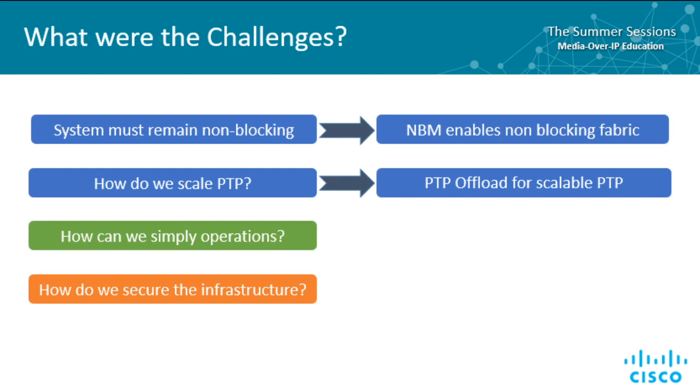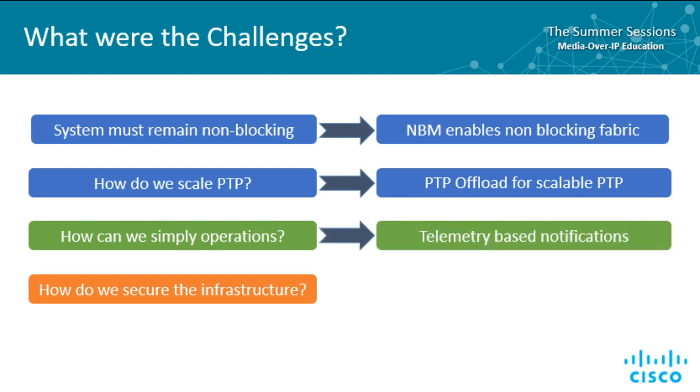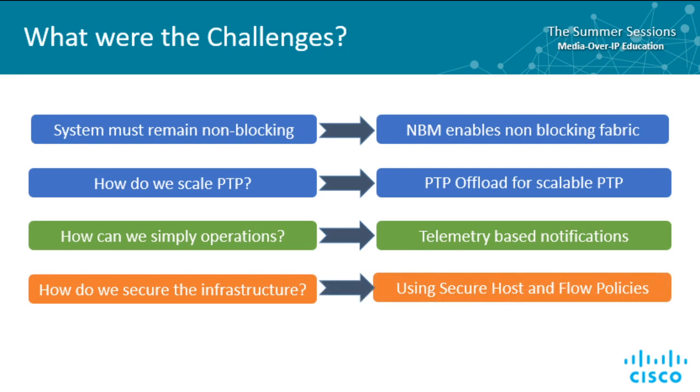We went about simplifying operations by ensuring that you have this telemetry-based real-time notification that's fed all the way to GV Orbit. And finally, we went about securing the infrastructure through these policies, through which you could enforce who's allowed to participate in the network and what bandwidth they're allowed to transmit, and so on.